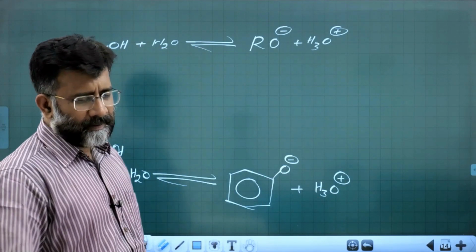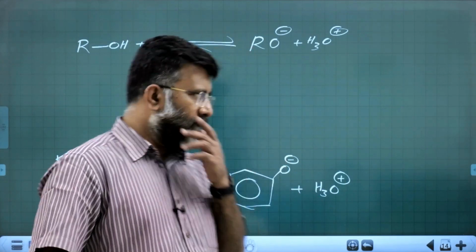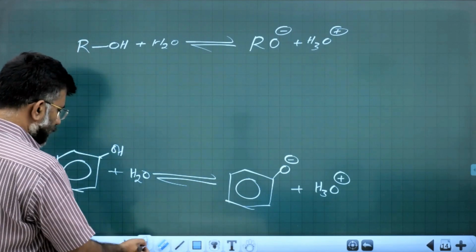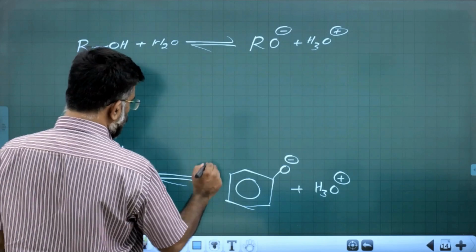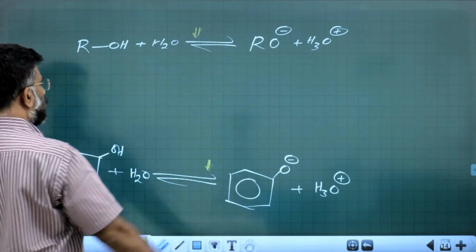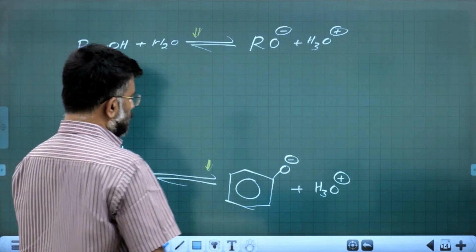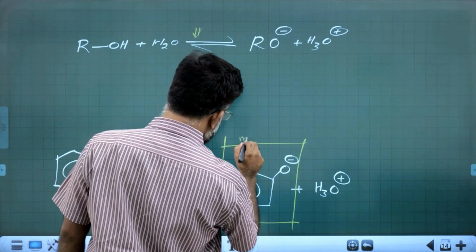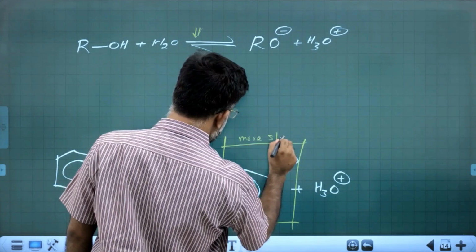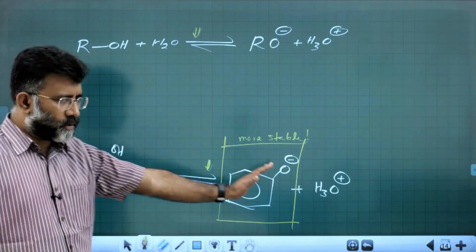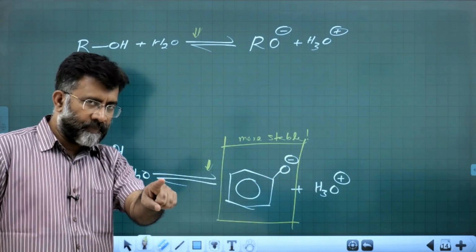It is a clear case to know that here the equilibrium will be more towards the right hand side, while here the equilibrium will be more towards the left hand side, because this is more stable. And you find more of this reaction going to the right hand side comparatively.